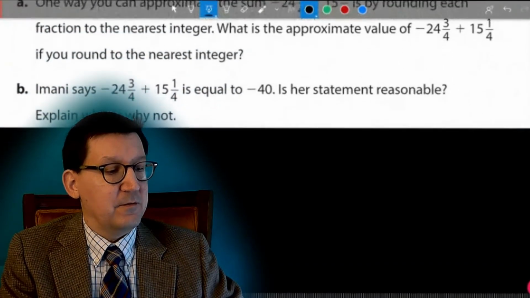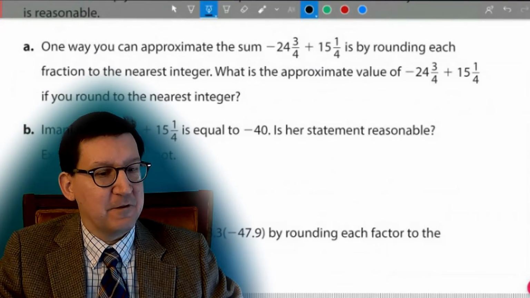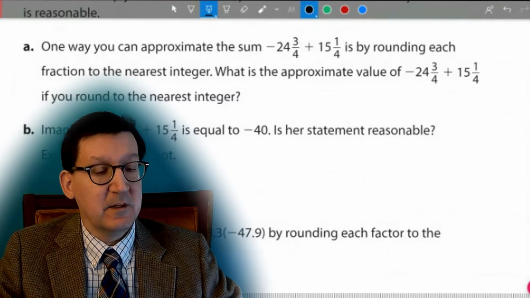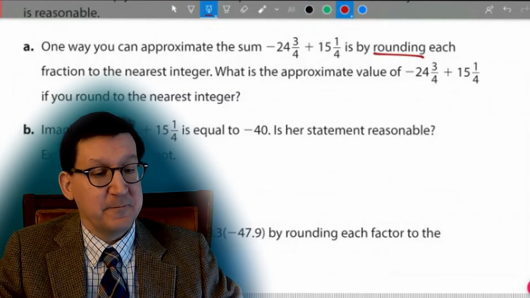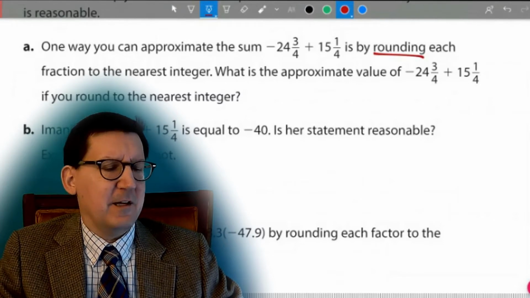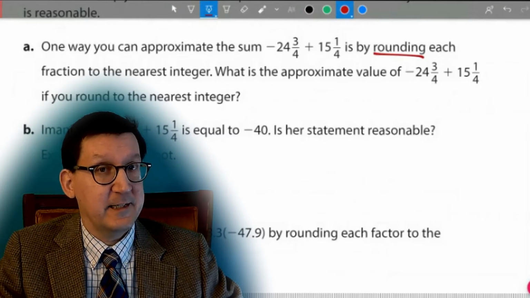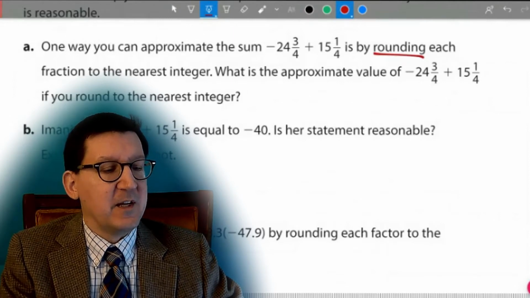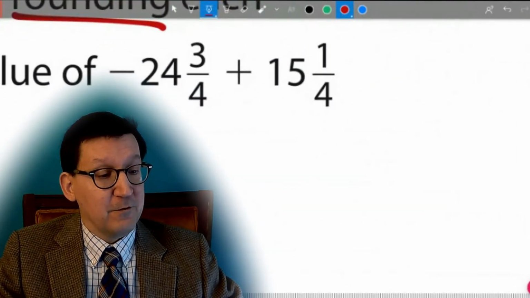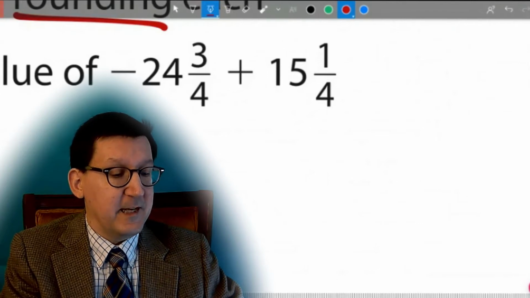Underneath number 2, part A, it says, one way you can approximate the sum, negative 24 3/4 plus 15 1/4, is by rounding each fraction to the nearest integer. So what is the approximate value of negative 24 3/4 plus 15 1/4 if you round to the nearest integer? Well, that's pretty simple, isn't it? Negative 24 3/4 is almost negative 25, so we'll call that negative 25.